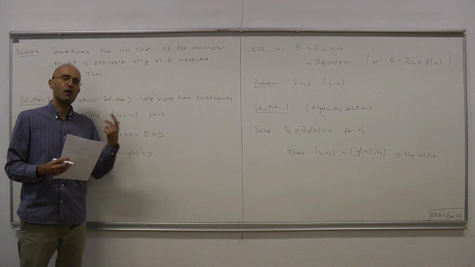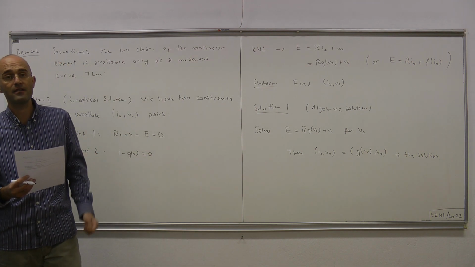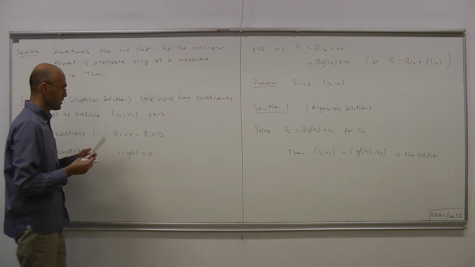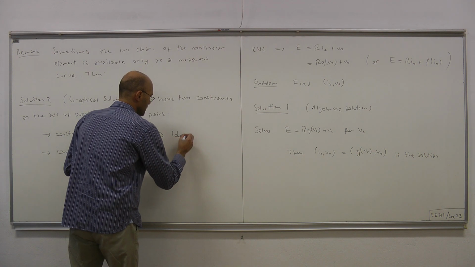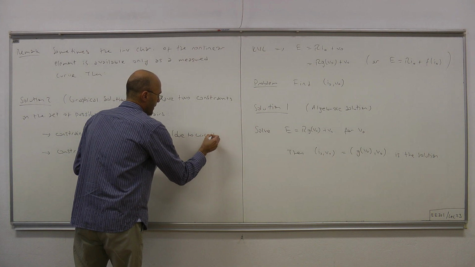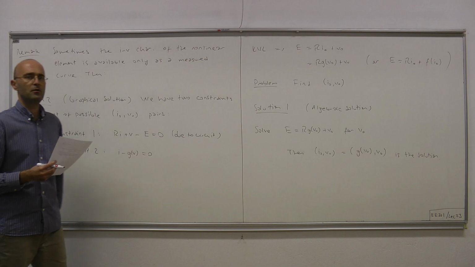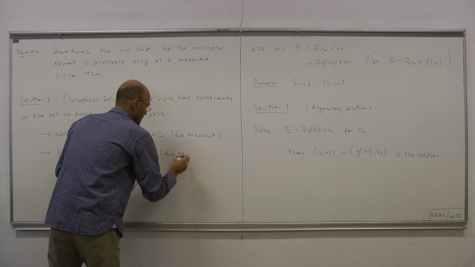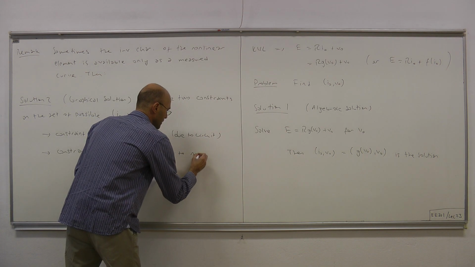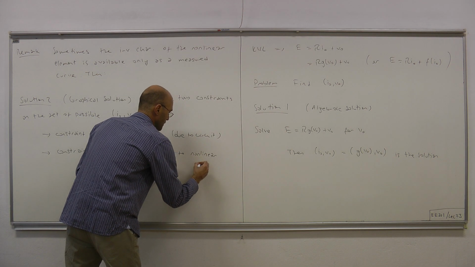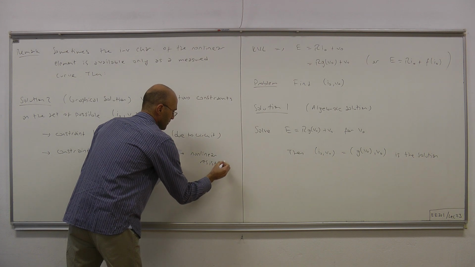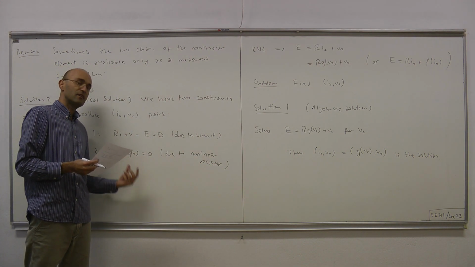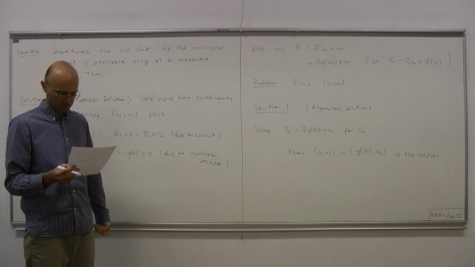Here I and V are the current and voltage of the nonlinear resistor. The first is due to the circuit that the nonlinear resistor is connected to, and this is due to the nonlinear resistor itself. So this must hold regardless of the circuit that the nonlinear component is connected to.